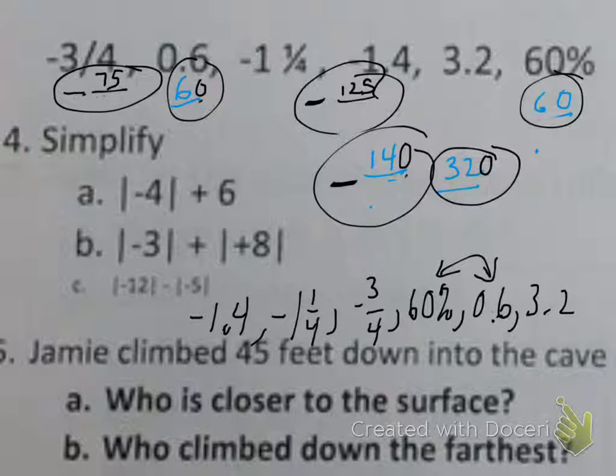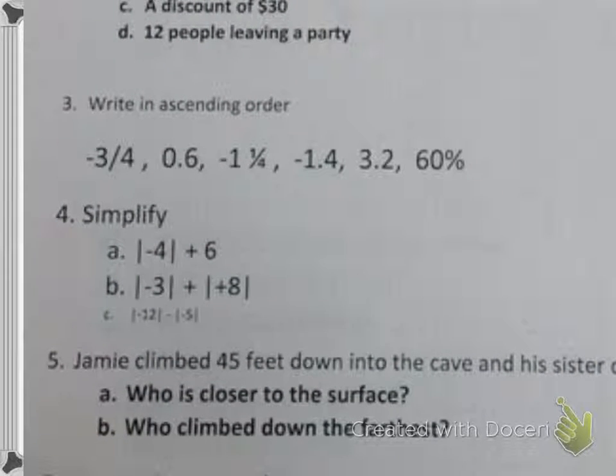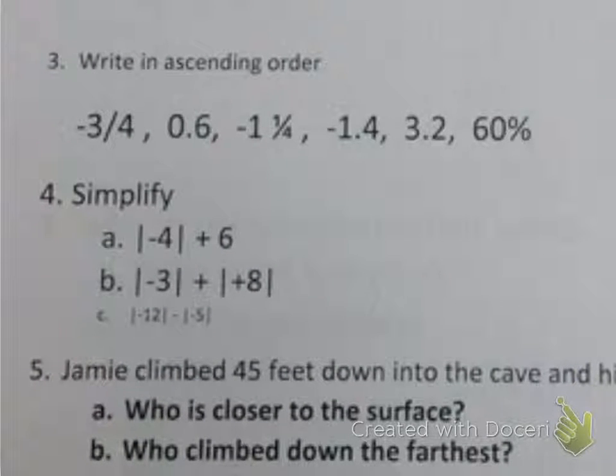And we could also do this by making these all into percents if we wanted to. To make anything into a percent, all you need to do is multiply it by 100%.